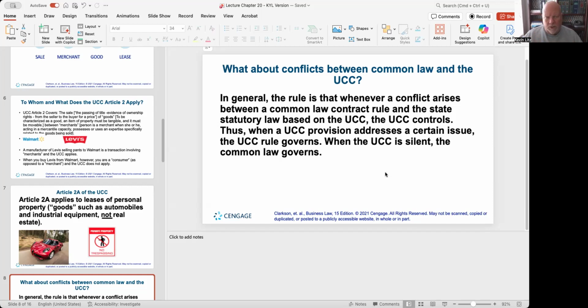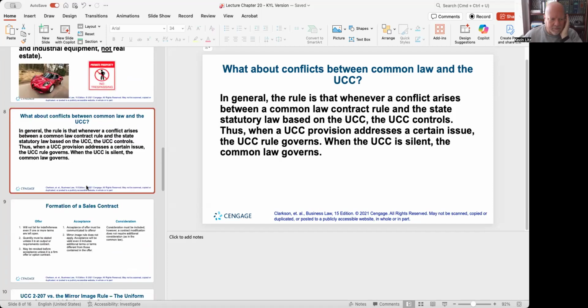But anyway, when other state law, judge-made law, which is known as common law, or other statutes conflict with the Uniform Commercial Code that has been adopted by the state, the UCC controls; it overrules, supersedes the conflicting law. However, if the UCC does not address the issue before the court, then the other law, common law or other statutes, apply.